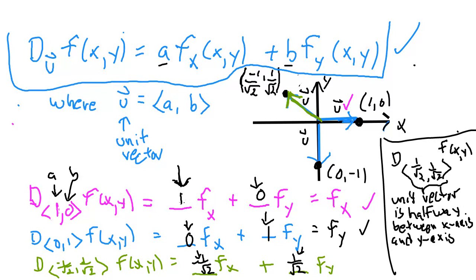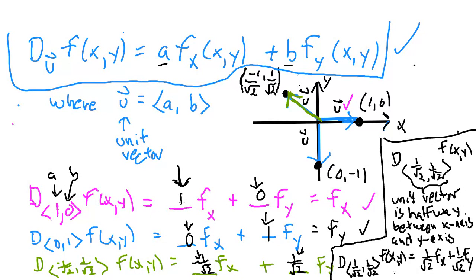And if you compute the directional derivative for that, you're going to get 1 over root 2 times the partial derivative with respect to x plus 1 over root 2 times the partial derivative of f with respect to y.